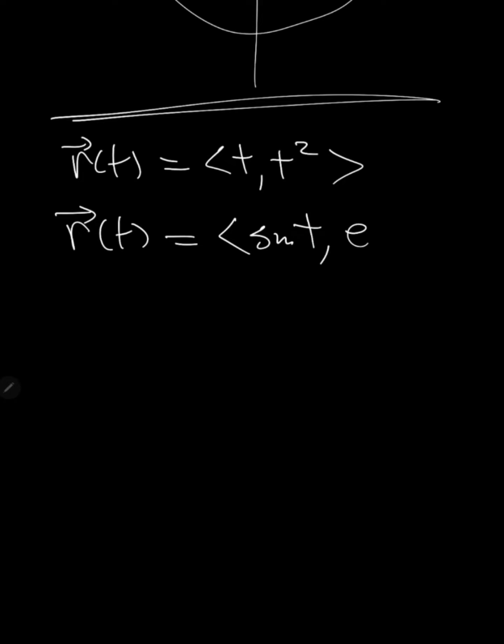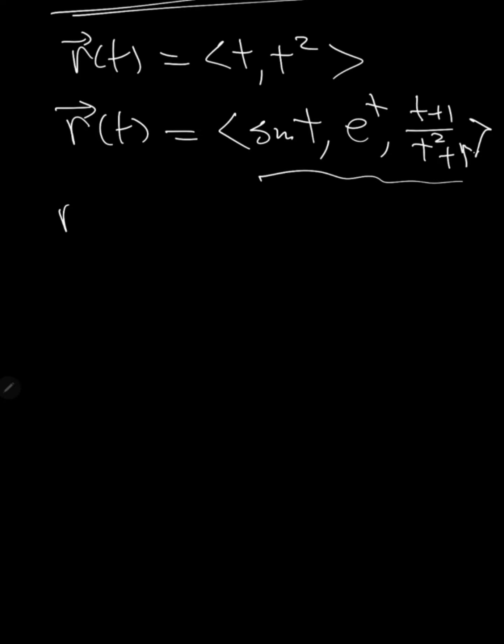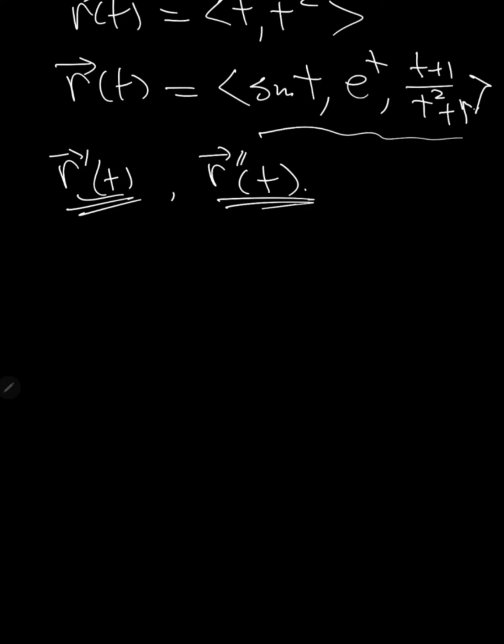For example, sine t, e to the t, t plus 1 over t squared plus 1, let's say. This would describe the motion of some particle moving in space. Now you can figure out its velocity and its acceleration at any time very easily, just using knowledge from one variable calculus.